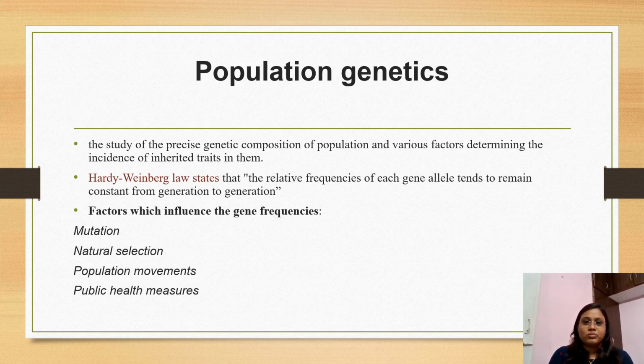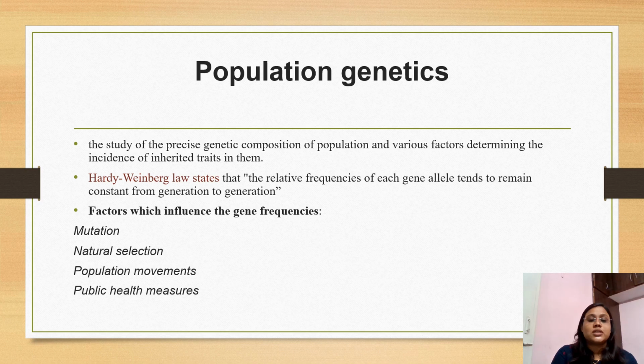Then certain public health measures. For example, earlier a person with a congenital heart defect or an inborn error of metabolism was not able to survive for a long period of time. They would not be able to have offspring, and the defective gene in that person was not carried to the next generation, because the person would not survive long enough to get married or have a future generation.